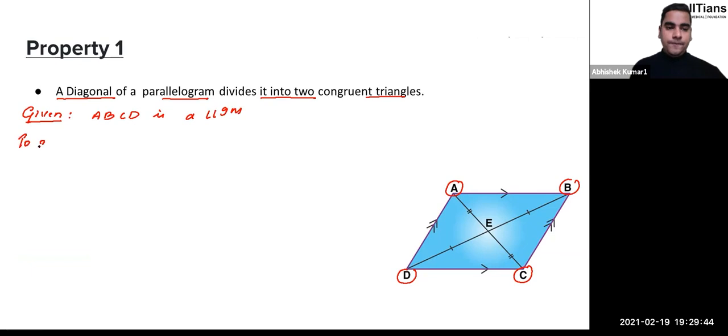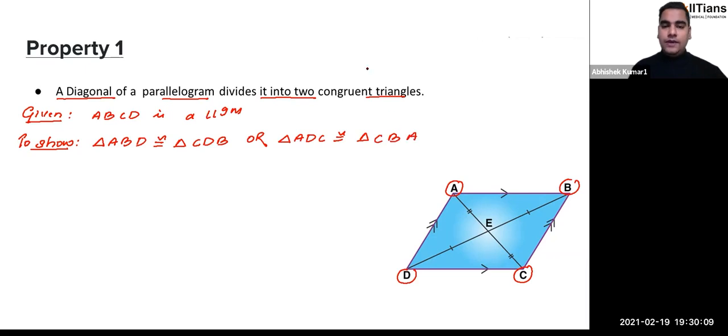We have to show triangle ABD is congruent to triangle CDB, or you can show triangle ADC is congruent to triangle CBA. You can choose any one part here.